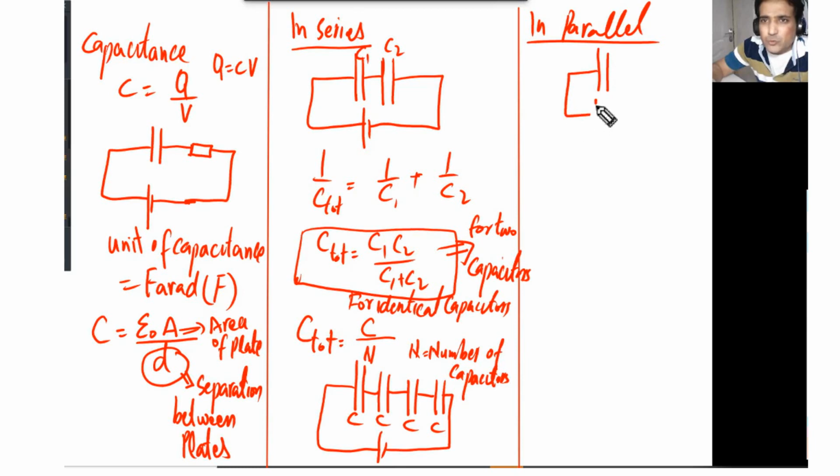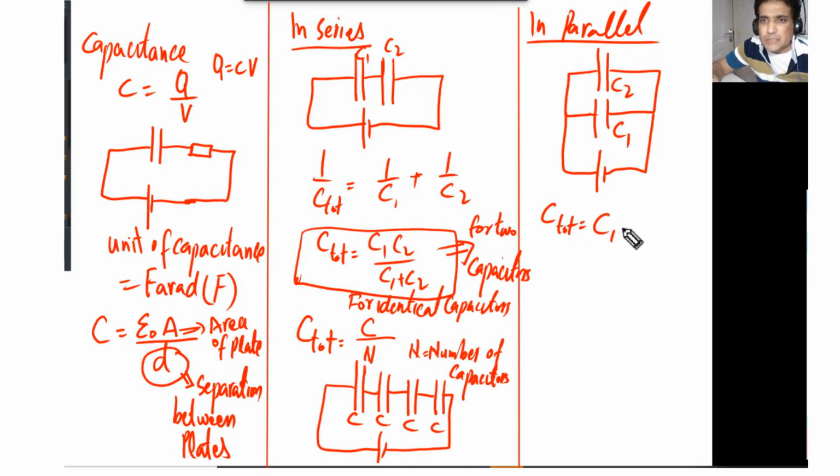So if we have two capacitors like this, and they are connected in parallel, so let's say we have a power supply here. Let's say this capacitor is C1 and the capacitance of this capacitor is C2. So the C total simply is equal to C1 plus C2.